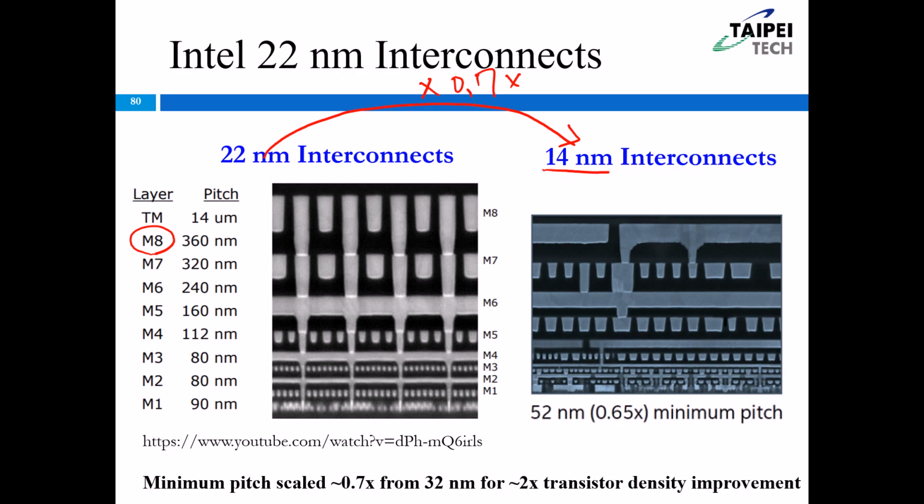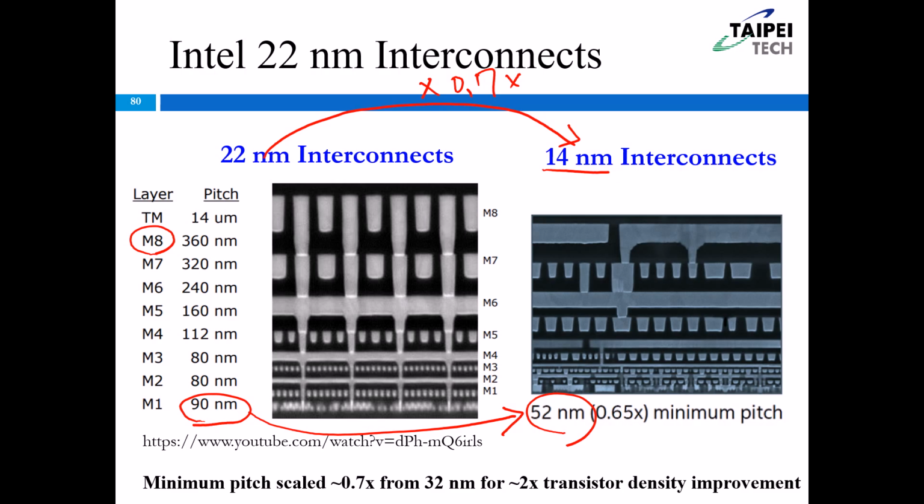So for the 14 nanometer interconnect, usually you will see the metal pitch will also be scaled down. So this is the M1 pitch, and when it moves on to 14 nanometer, you see the M1 pitch will reduce a lot, to 50 nanometer.